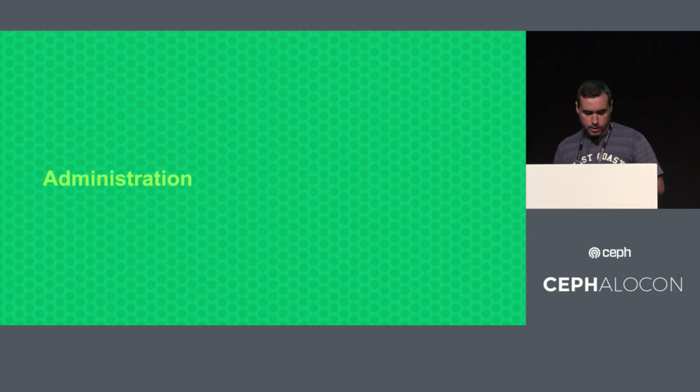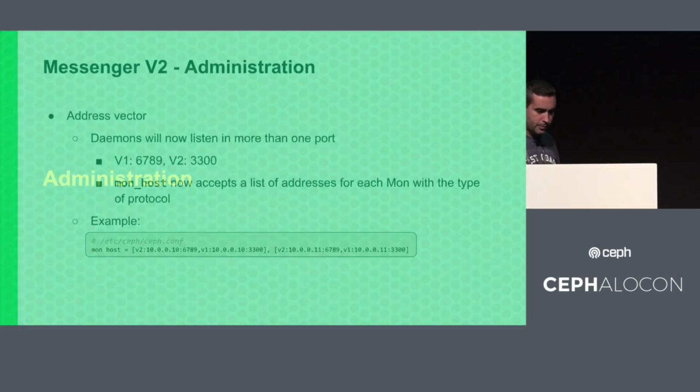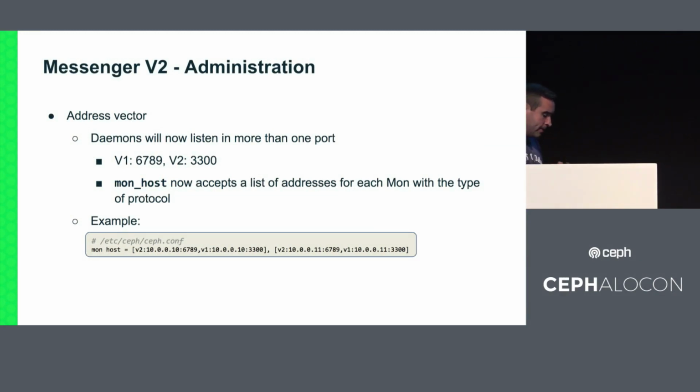Okay. So some administration steps. As I said in the beginning of the presentation, we implemented the new protocol, but we still need to have the v1 protocol, because the kernel drivers still only talk v1. And if you have an old user space client connecting to the cluster, it will also only be able to talk the v1 protocol.